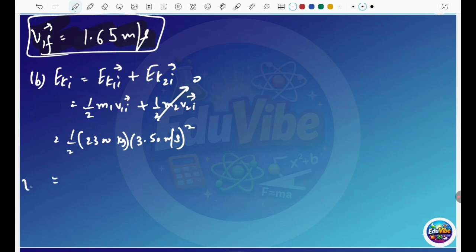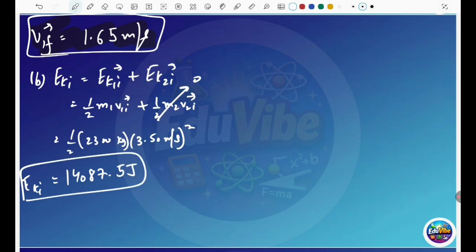So to find this, you get EKI of about 14087.5 joules. Now you have to find the EKF. For EKF, it is half M1V1F squared plus half M2V2F squared. Now you have to plug it in.